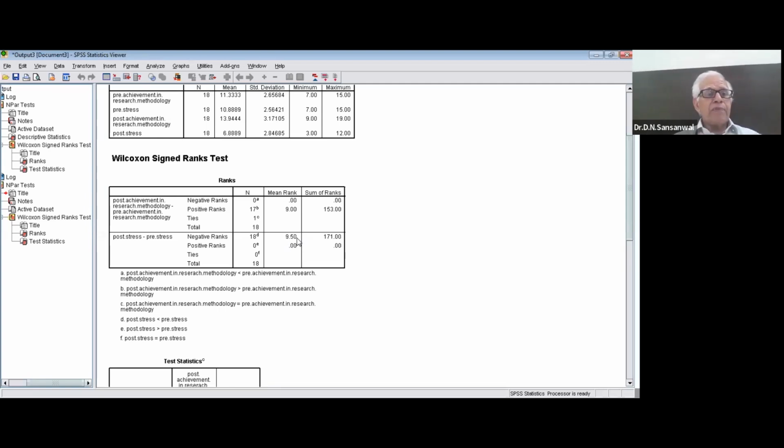So that means the treatment that you have given could not help in improving the stress of the people. Still people are stressed. Now, in the achievement, whatever treatment you have given, the people have benefited, because you have positive ranks more than the negative ranks. So this is how you can interpret from this.